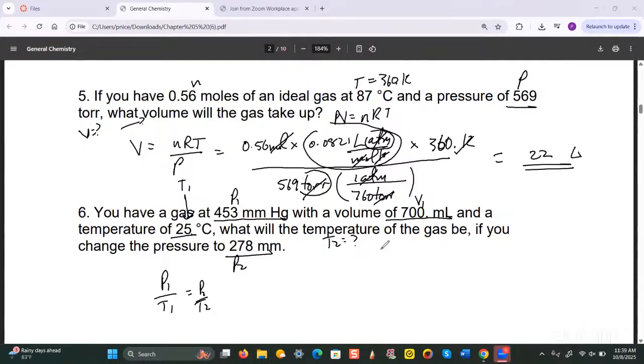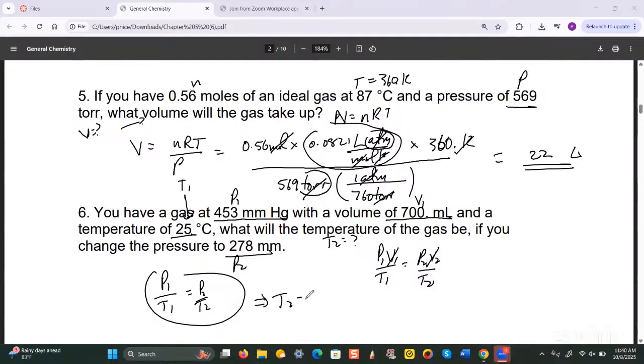If you look at the combined gas law, which is P1 V1 over T1 is equal to P2 V2 over T2, as she correctly said, the volume doesn't change, so you can cancel out these two, right? V1 will be equal to V2. So therefore, you're left with this, right? Now, the question is asking for T2. So we have to do some rearrangement here.